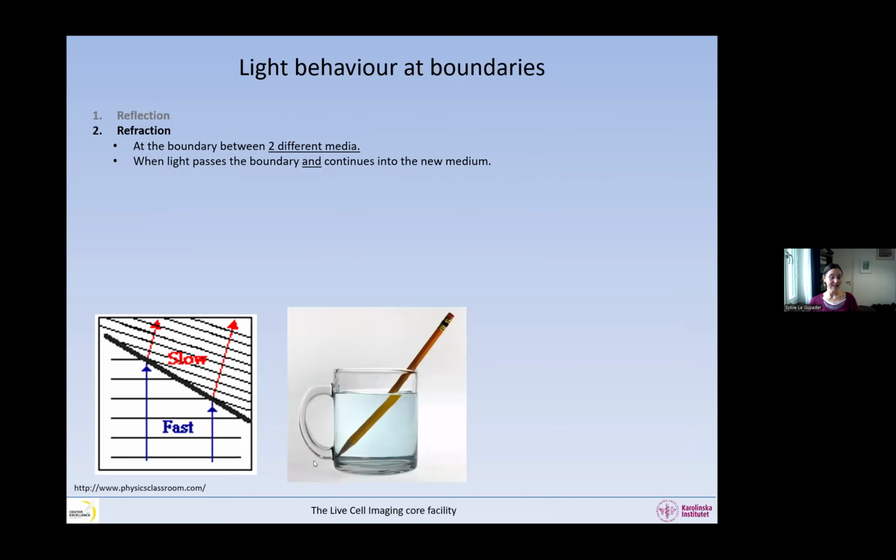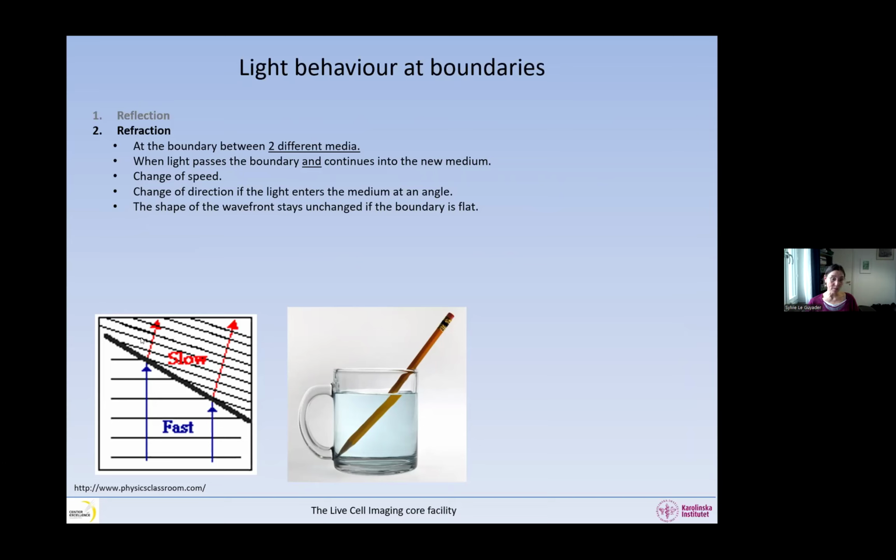And you can see this in here. This is something you may have seen done to your parents as a kid. Look, Mom, my pencil is broken. Here we have air. So sorry, I'm a bit ahead of myself. So there is a change of direction. You can see in here, there's a change of direction when the light enters the new medium at an angle. So if it comes perpendicular, it will keep going straight. But if it comes at an angle, it will continue with a change of direction.